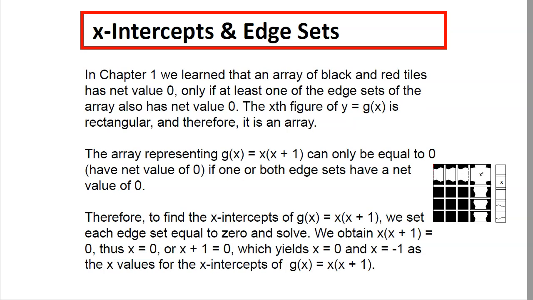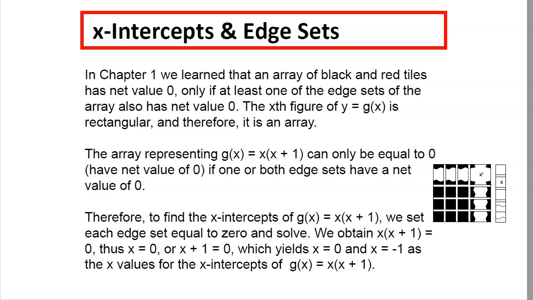In Chapter 1, we learned that an array of black and red tiles has net value 0 only if at least one of the edge sets of the array also has net value 0. The x figure of y equals g of x is rectangular, and therefore it is an array. The array representing g of x can only have a net value of 0 if one or both edge sets have a net value of 0.